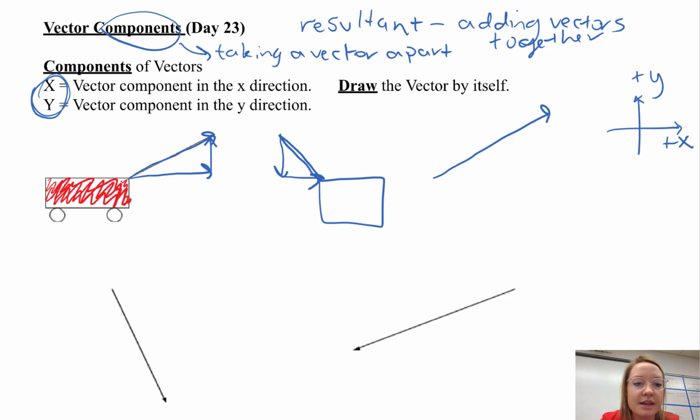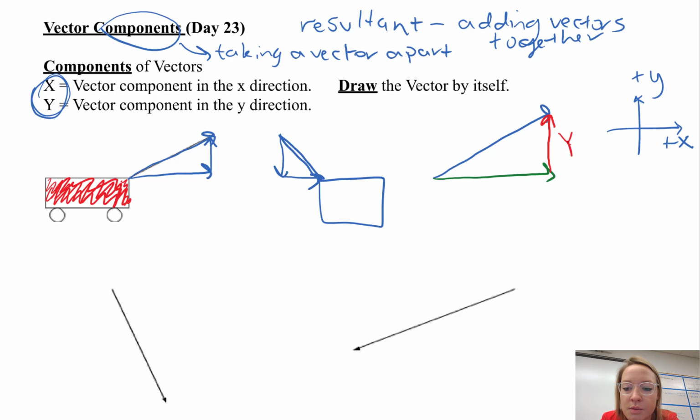For this arrow, we have some amount of it going in the x direction, about this much, and some amount of it going in the up direction. So we can break it down into its parts.